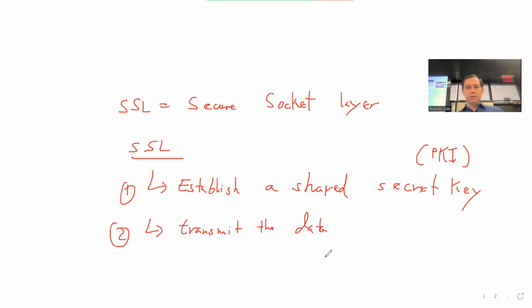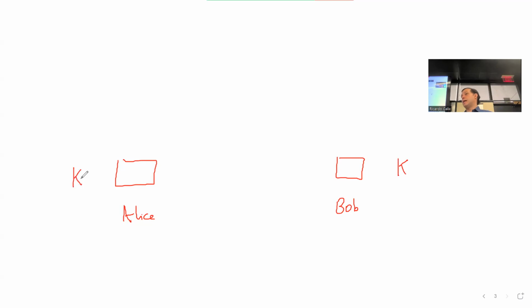So this implies that we have Alice on one side, and Bob on the other side, and they both have the key, which will be denoted in this class usually by K. That just indicates it is the same key for both parties.